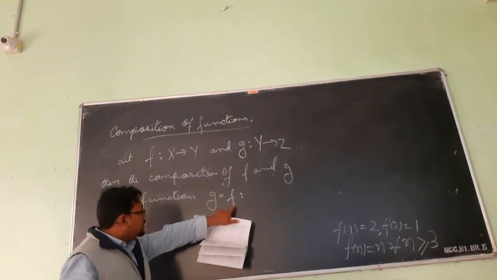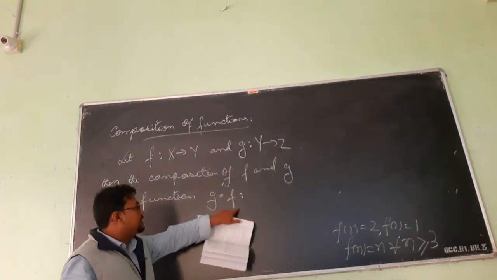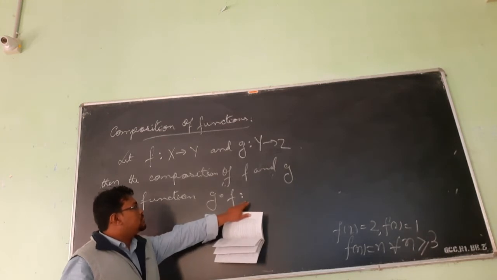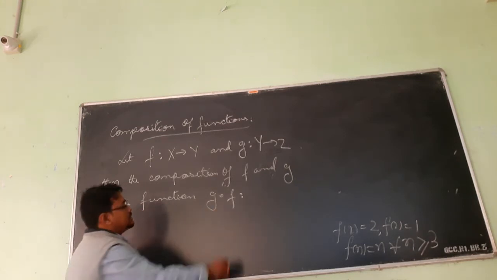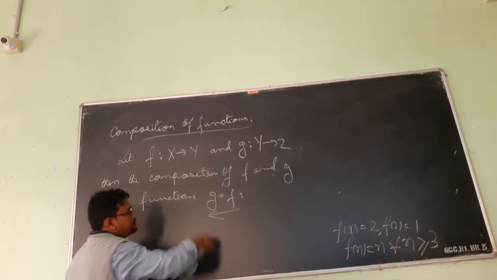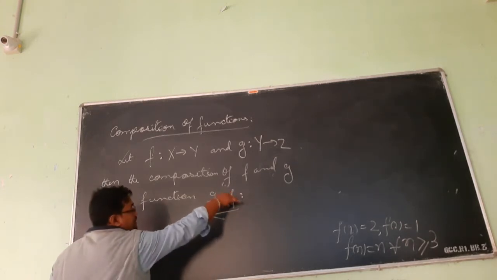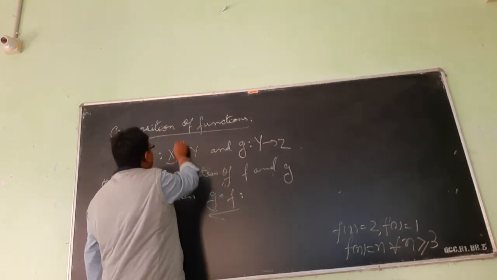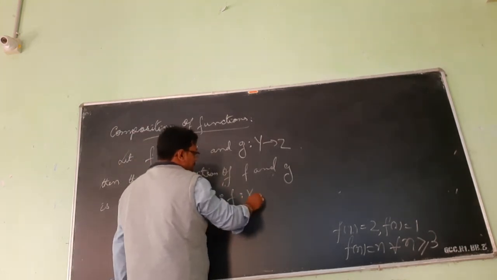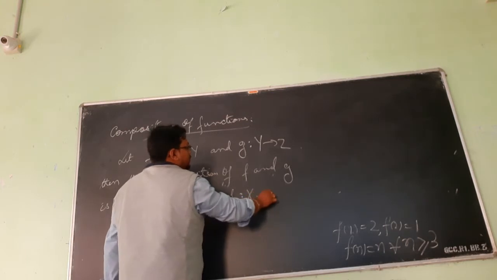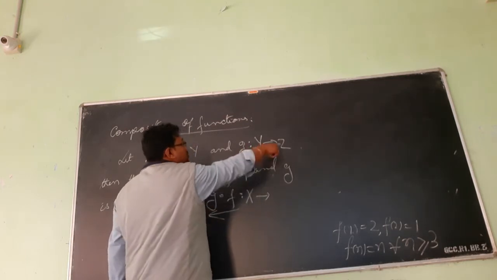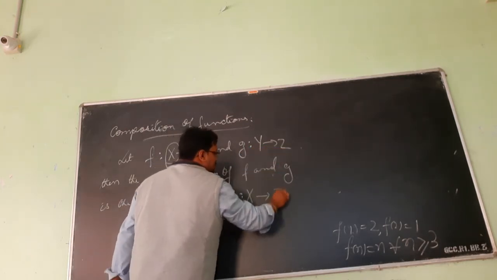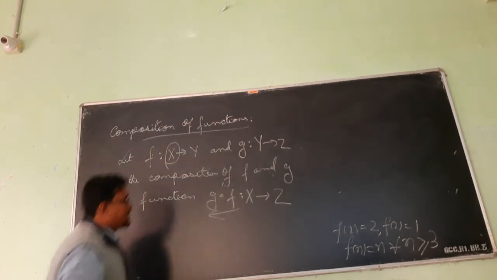The order is this: first f is applied. So the order is from right to left. First f is applied and then g is applied. So f works on this domain X, and ultimately g goes to that codomain. So GOF goes from X to Z.